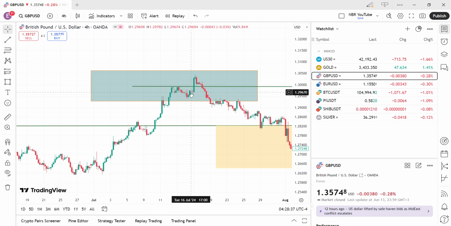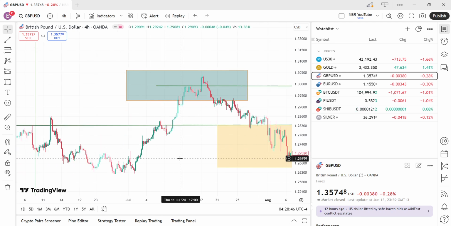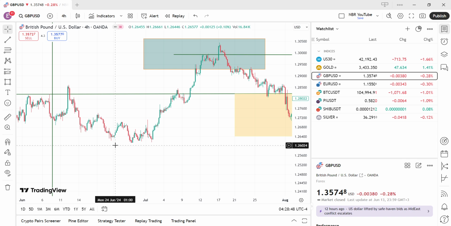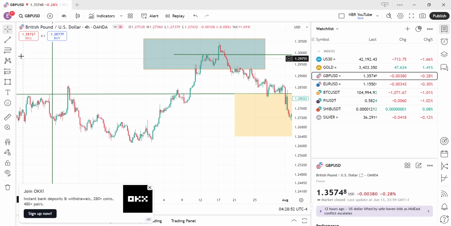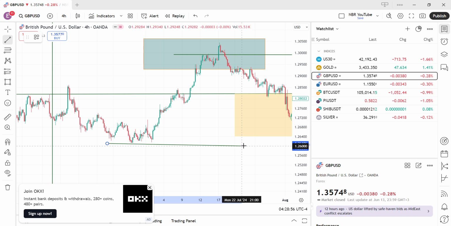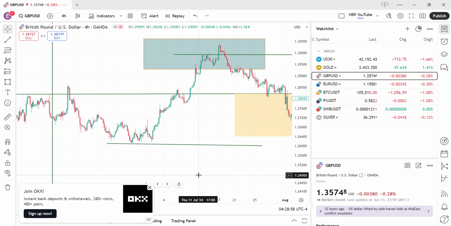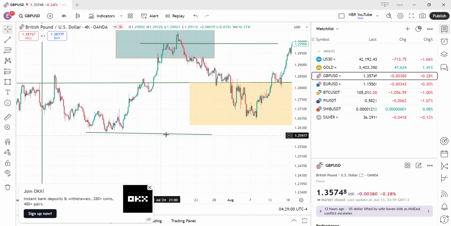So my expectation here is to get swept and fall back down into this liquidity here, or above it a bit. And here is the reason. I will explain for you more.